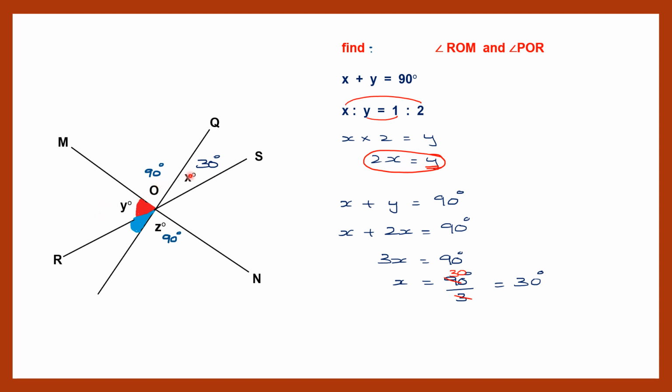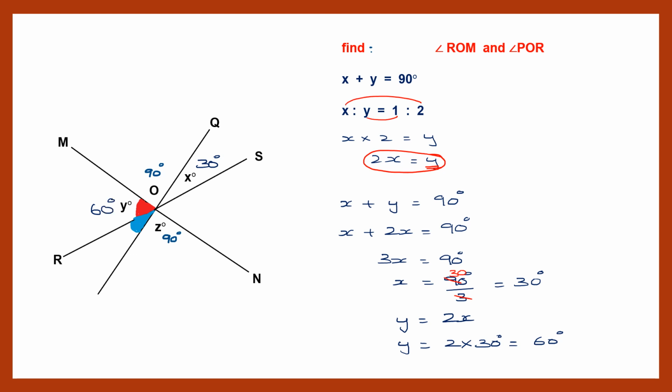So you can add up these two and subtract it from 180, or you can go back to where it says 2x is equal to y, and we know how much 1x is. So let's write that y is equal to 2x, isn't it? We just found out there. So that means y is equal to 2 into x, which is 2 into 30 degrees, which is 60 degrees. So we have found the value of this to be 60 degrees.